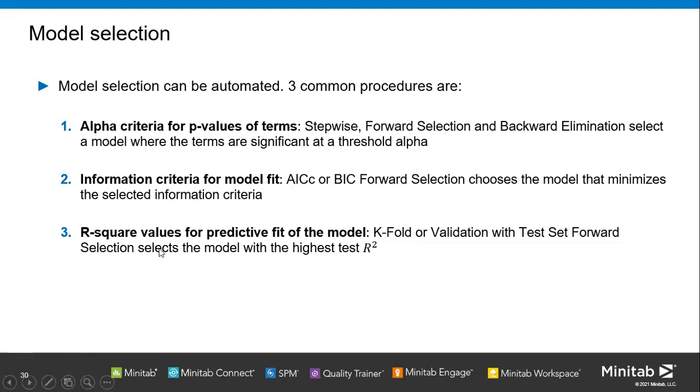And then we have another selection type, the R-squared value for predicted fit of the model. This was only added in Minitab 19.2. If you have Minitab 19, you need to update to 19.2, and then you can see the k-fold validation with test set for selection in the dialog box.